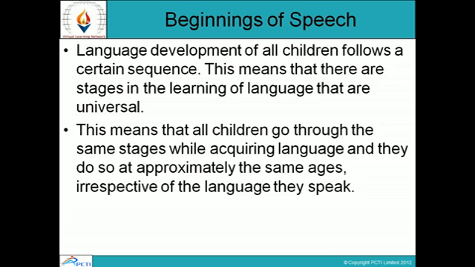All children go through some stages while acquiring language, and they do so at approximately the same ages, irrespective of the language they speak. Irrespective of whether they speak Hindi, English or any other language, they acquire the language at approximately the same ages.